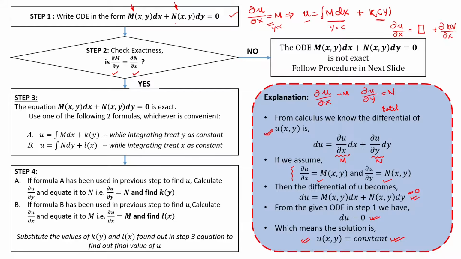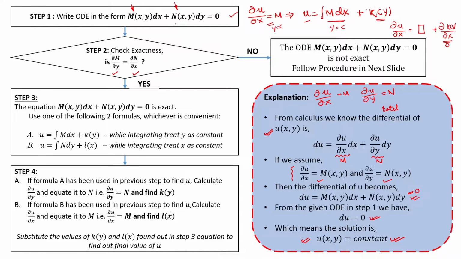Since k of y is a function of y, del k of y by del x equal to 0, and this is exactly what happens when we differentiate a normal equation. The constant of integration reduces to 0.